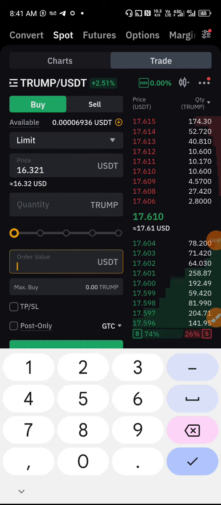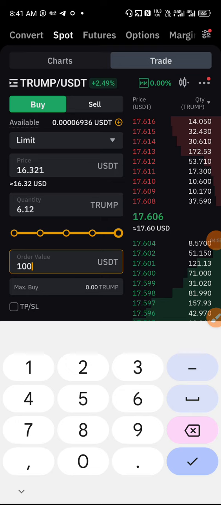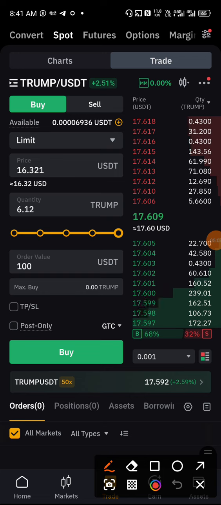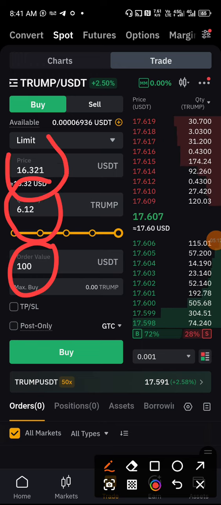So let's say we use 100 USDT here. Using 100 USDT, you can look at it carefully. You got 6.12 Trump coin, using a total volume of 100 USDT, at a price of 16.3.